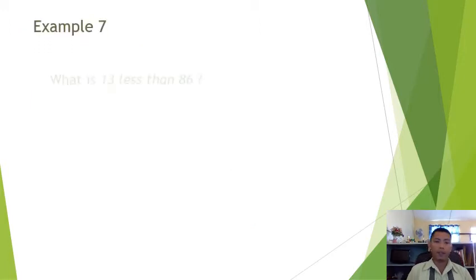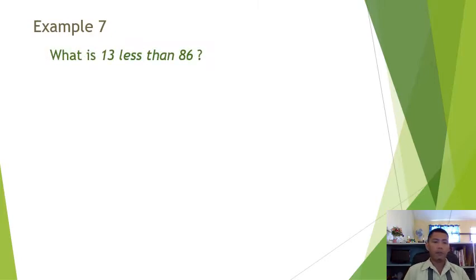example number 7. What is 13 less than 86? So here, we're looking for a number. So what is the number that is less than 86? For 13 less than 86. Okay, so here, we are comparing two numbers.